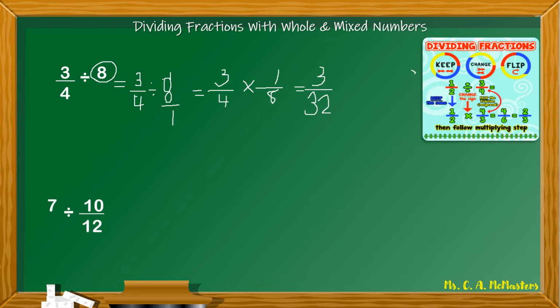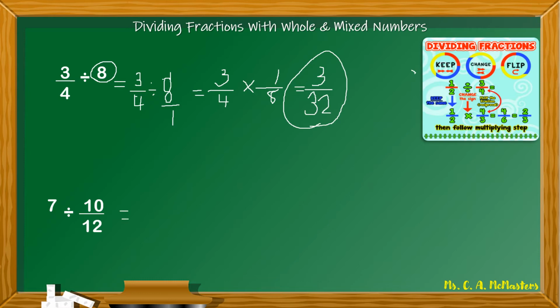And so here we have our answer. 3/4 divided by 8 is 3 over 32. In other words, if we cut 3/4 up into 8 pieces, each of those 8 pieces would measure 3 over 32.